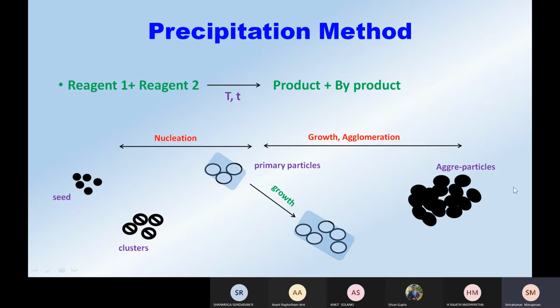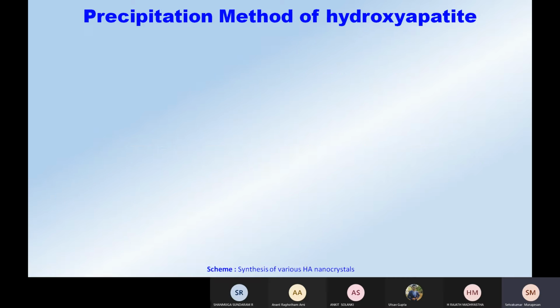So all these things play a role. Once the nucleation has started, if you have heterogeneous nucleation, then probably you'll have to increase the temperature or the pressure to catalyze that reaction, and then you get those controlled crystals or nanoparticles.